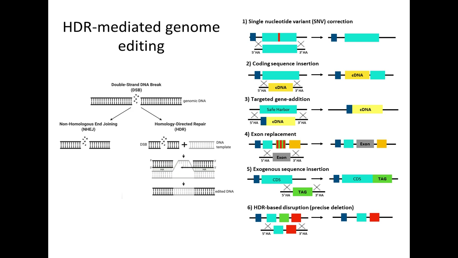HDR can be used to insert polypeptide sequences that are useful for a lot of reasons. Basically, they're used for visualization, isolation, localization, but depending on what types of sequence you're adding, that can actually have enhanced therapeutic effects. And HDR can be used also to make very precise deletions.